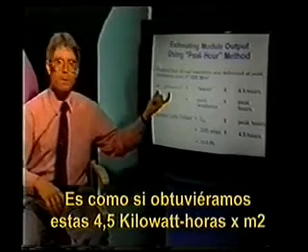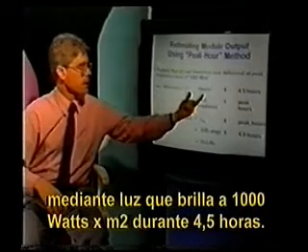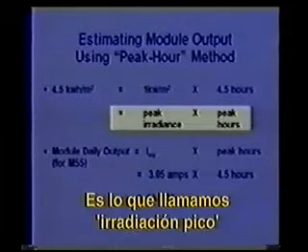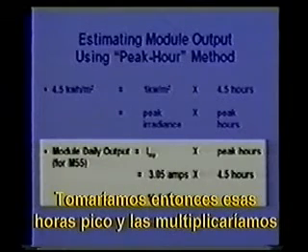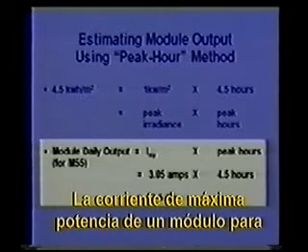It's as if we got this 4.5 kilowatt hours per square meter by light shining at 1,000 watts per square meter for 4.5 hours. So we call this our peak irradiance, and we call the number of hours the peak hours. We would then take those peak hours and multiply them times the peak current output of the module, the max power current of a module.